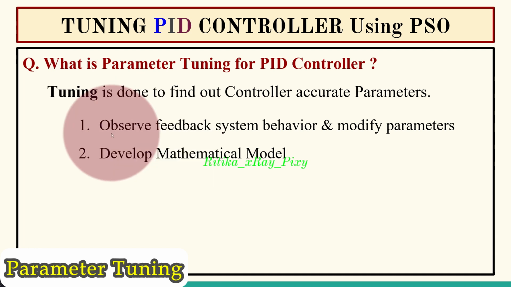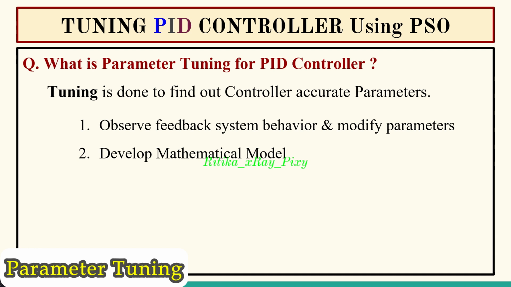Either we can choose some parameters, observe the feedback system behavior, and modify the parameters until the desired behavior is obtained. Or, as a second option, we can develop a mathematical model that describes the behavior of the process. Then the parameters of the controller are determined by using other methods for controller design.